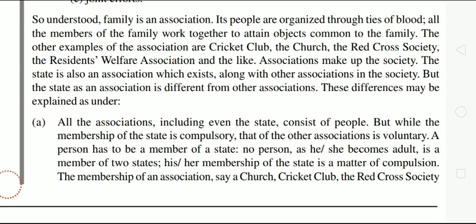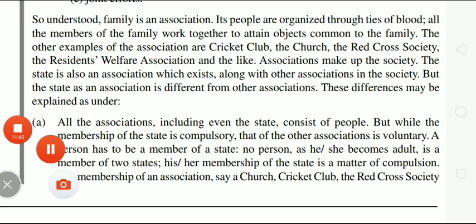His or her membership of the state is a matter of compulsion. The membership of an association, say a church, cricket club, the Red Cross Society, is voluntary. That is, it depends on the will of the person. A person may join an association or may not.